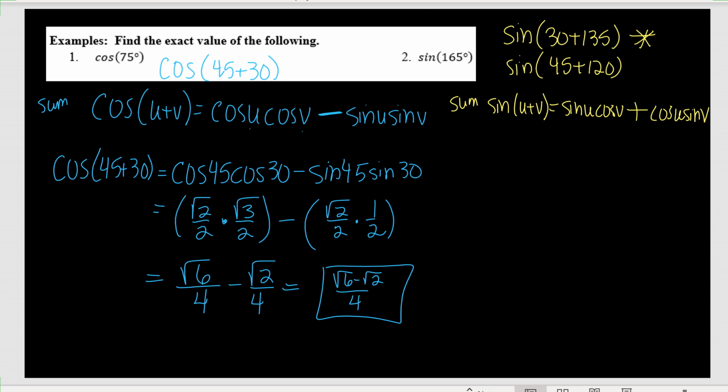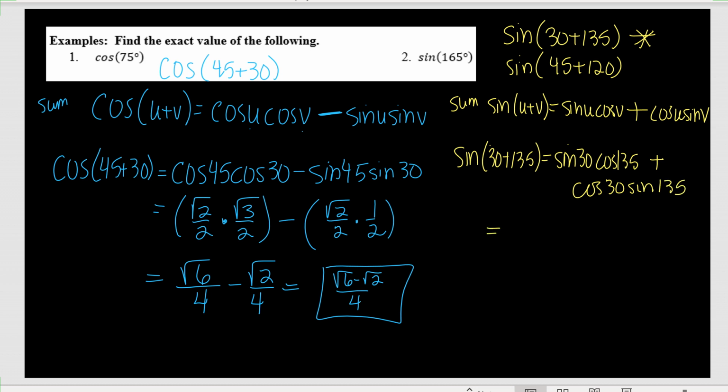I wrote too big for the first one. All right, let's substitute in what we're using. We're going to do sine of 30 degrees plus 135. That will be sine of 30 multiplied by cosine of 135 plus cosine of 30 multiplied by sine of 135.